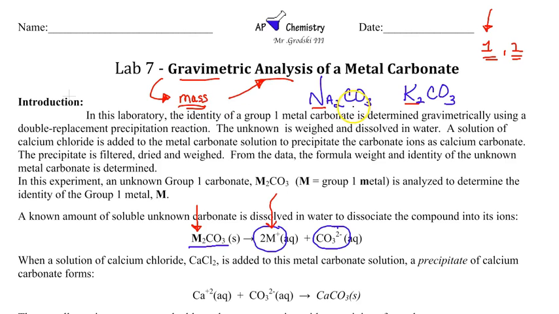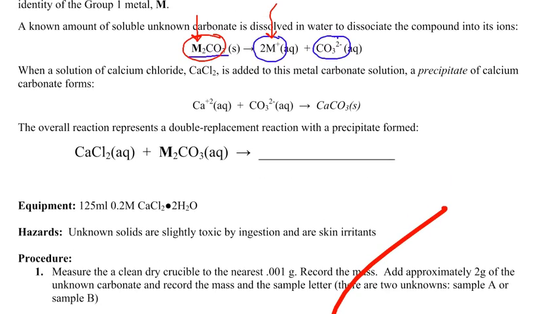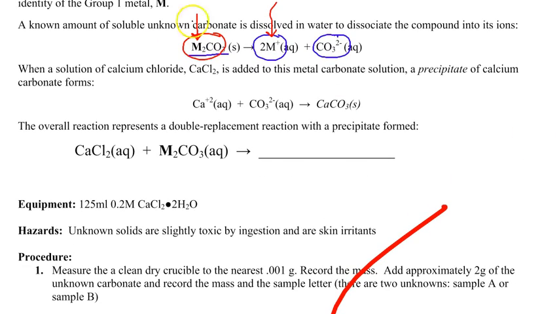Now, how are we going to do that? Well, we're going to take our soluble metal carbonate. Now, why is it soluble? It's soluble because anytime you've got a group 1 ion, and we know something about Coulomb's law, in the crystal of this carbonate, we have the potassium or sodium ion as our +1 ion, and we have our -2 polyatomic ion in our crystal.